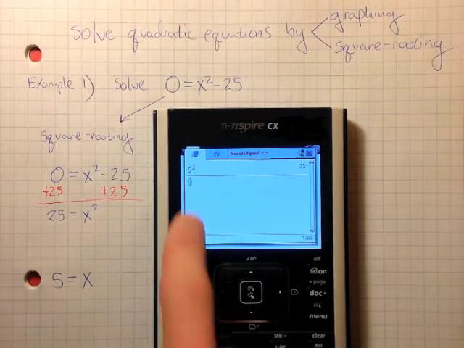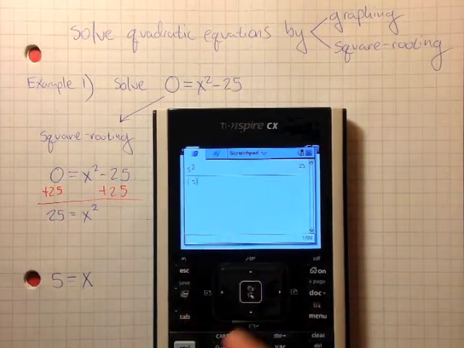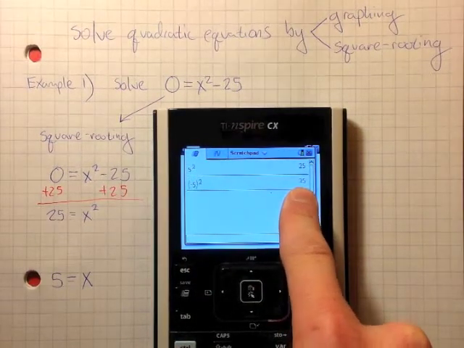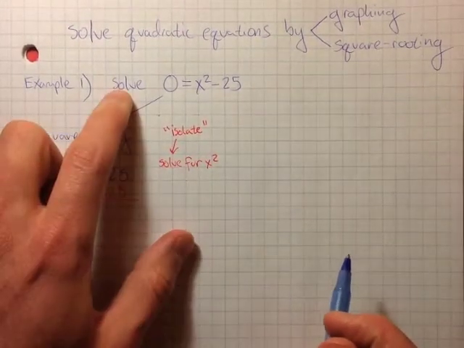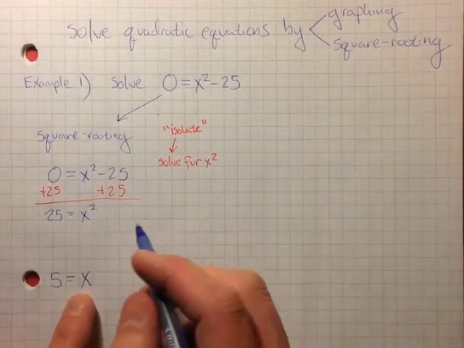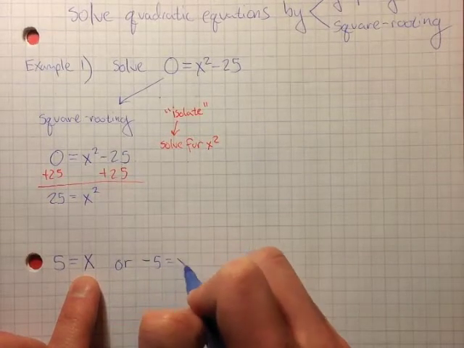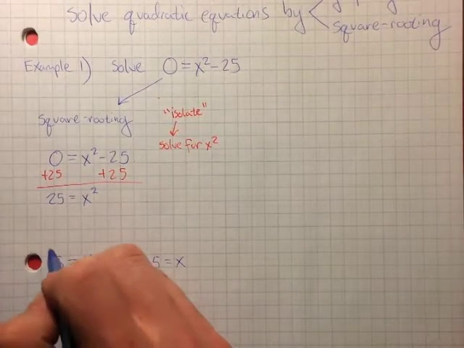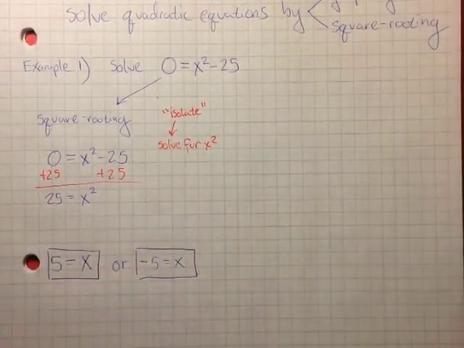What about, inside of parentheses, negative 5? If you take negative 5 and you square it, look at that, you also get positive 25. So that means that when we are solving quadratic equations, you will sometimes get two possible answers. So there are two possible solutions to this particular quadratic equation.